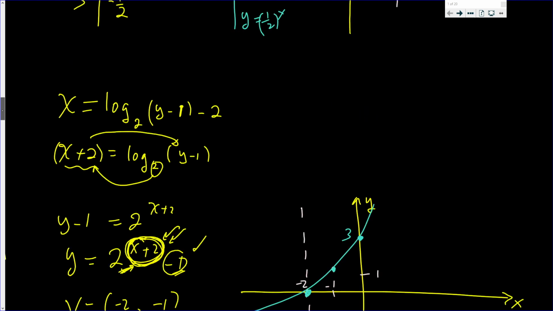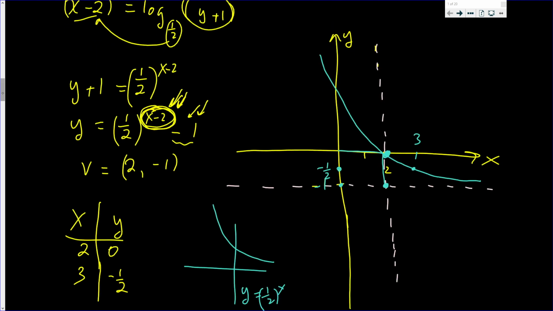And if we go back to the other ones, where did that one cross? That is, what's the value right there? Well, we know x is 0, and this is our equation. So y is equal to (1/2) to the 0 minus 2, minus 1. But that's a half to the -2, that's 2 over 1 to the 2.